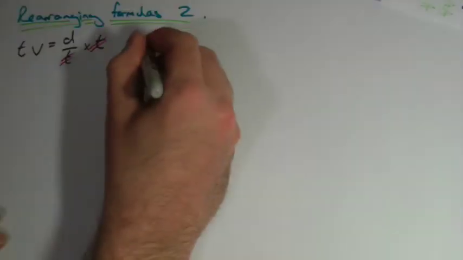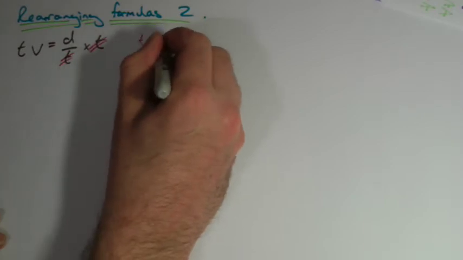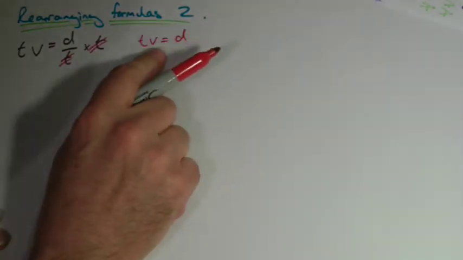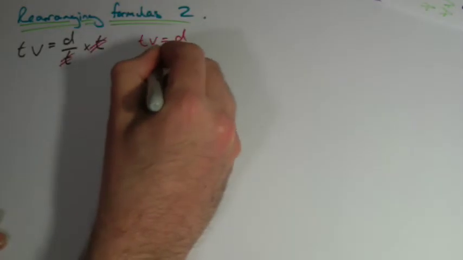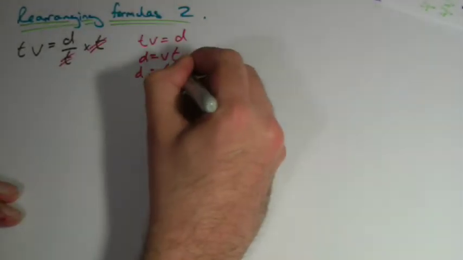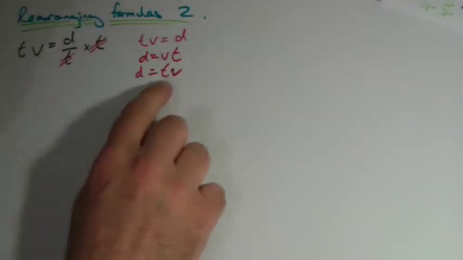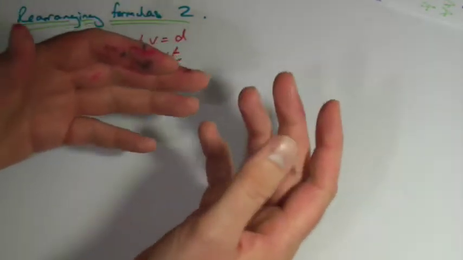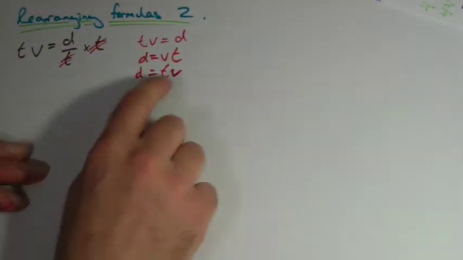But because those two things are the same, t on the top, t on the bottom, we can ignore it. So time multiplied by velocity is distance. So I could write it like that if I wanted, or I can write it like that. Doesn't matter. They all mean exactly the same thing. It's just I'm writing them in different ways. 3 times 5 is 15, 5 times 3 is 15. It's the same thing. Doesn't make any difference to us whatsoever.